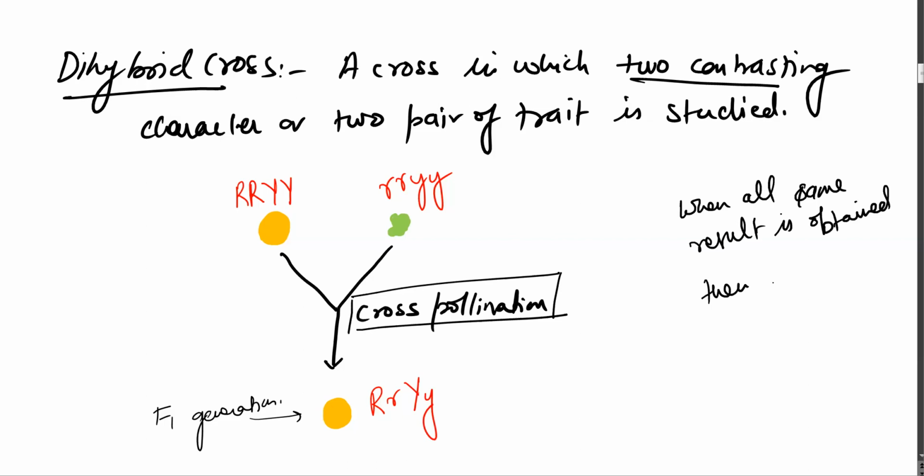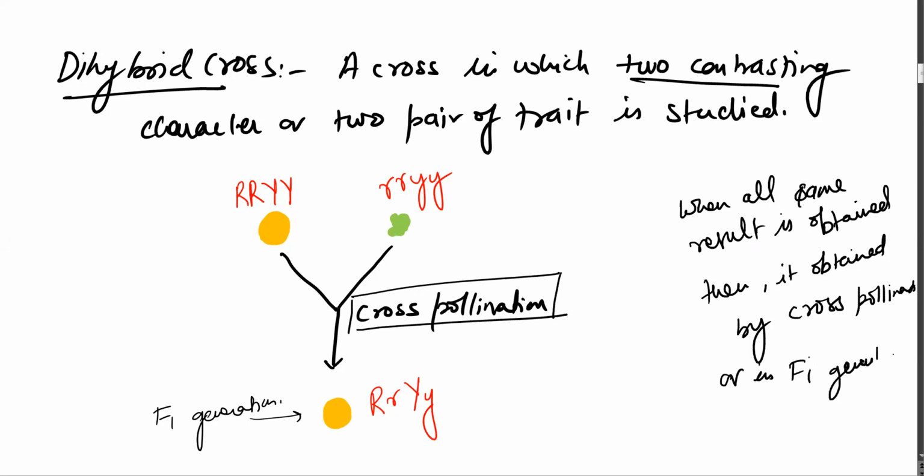Then it is obtained by cross pollination, in the F1 generation. Got it? Understood? Yes, sir.